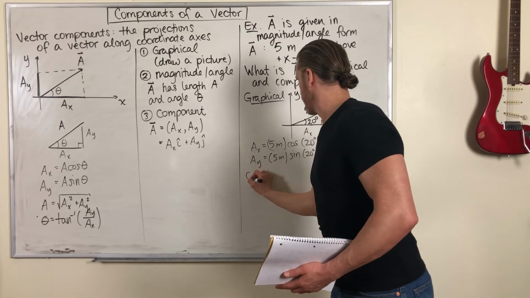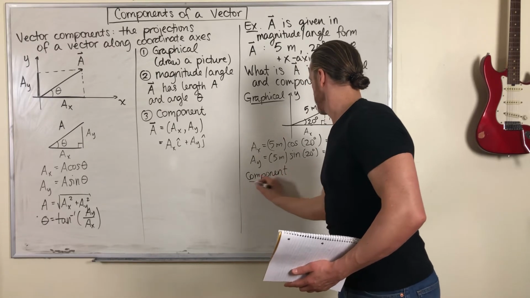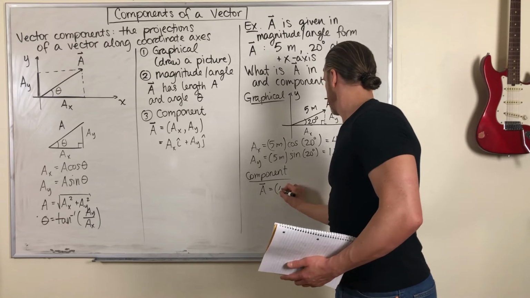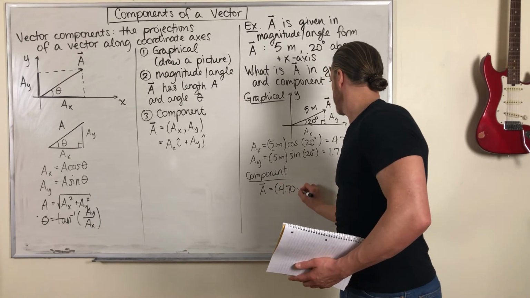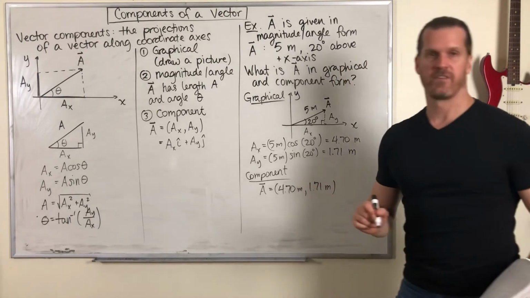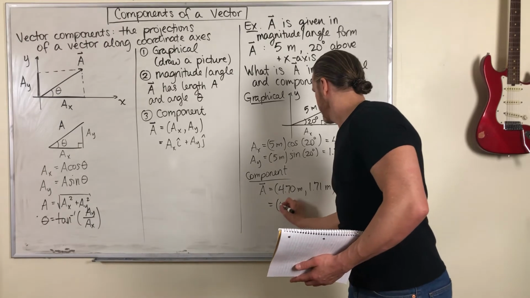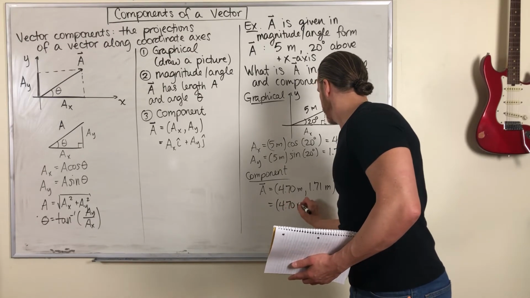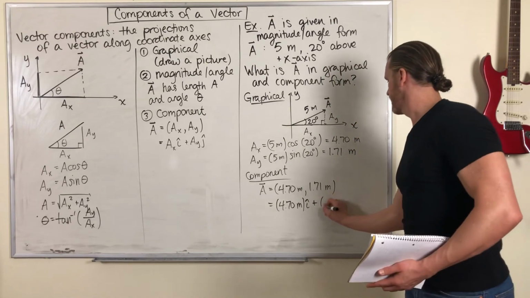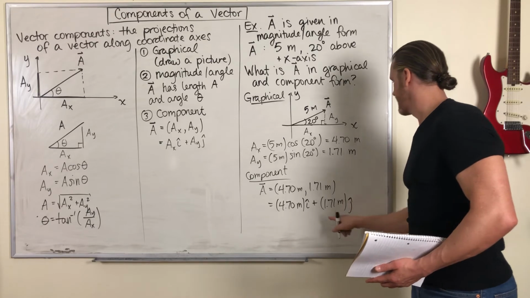So in component form, vector A equals 4.7 meters, comma 1.71 meters. Or if you prefer, you can write it as 4.7 meters I hat plus 1.71 meters J hat.